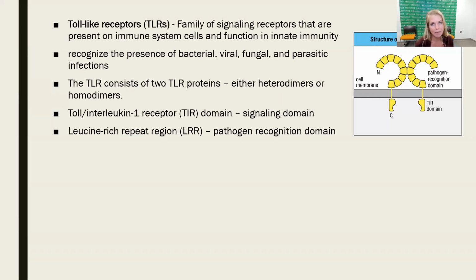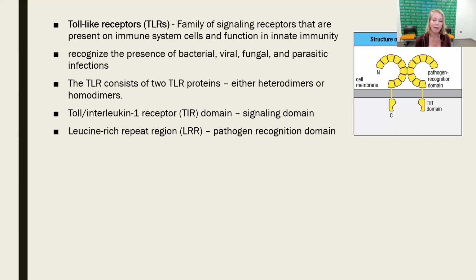So toll-like receptors are going to consist of two proteins that are dimers, and they can either be a heterodimer of two different TLRs, or they can be a homodimer of the same TLR protein. We'll look at some examples. And then they're going to have two different domains. They're going to have a signaling domain, which is the TIR domain.